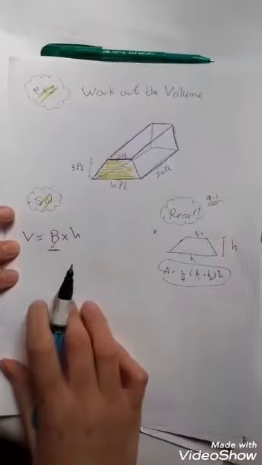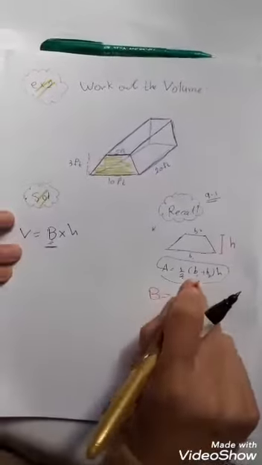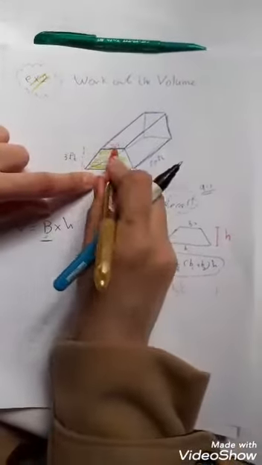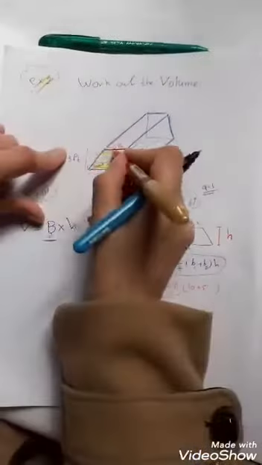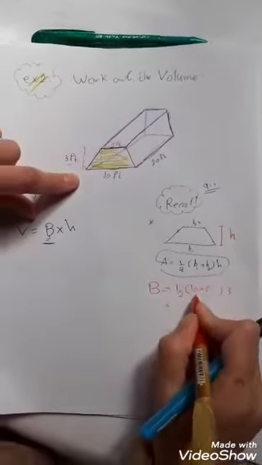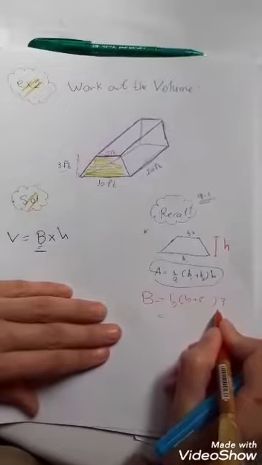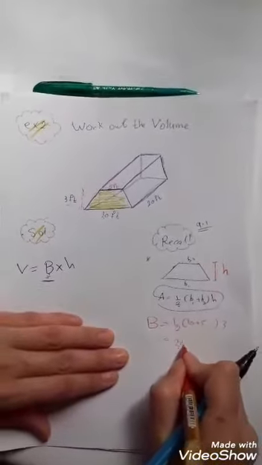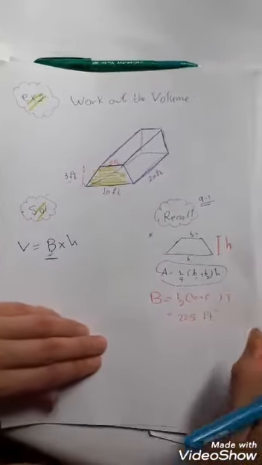Using the rule, half times, between two brackets, base 1 plus base 2, 10 plus 5, times the height of the trapezium, which is 3. Now, 10 plus 5 is 15, times 3, then times half. The solution will be 22.5 feet squared. It's an area.